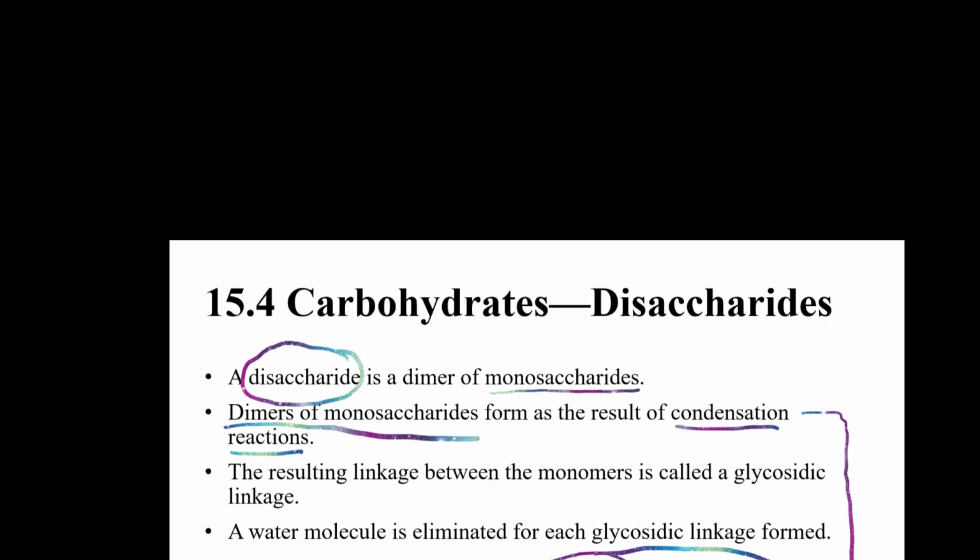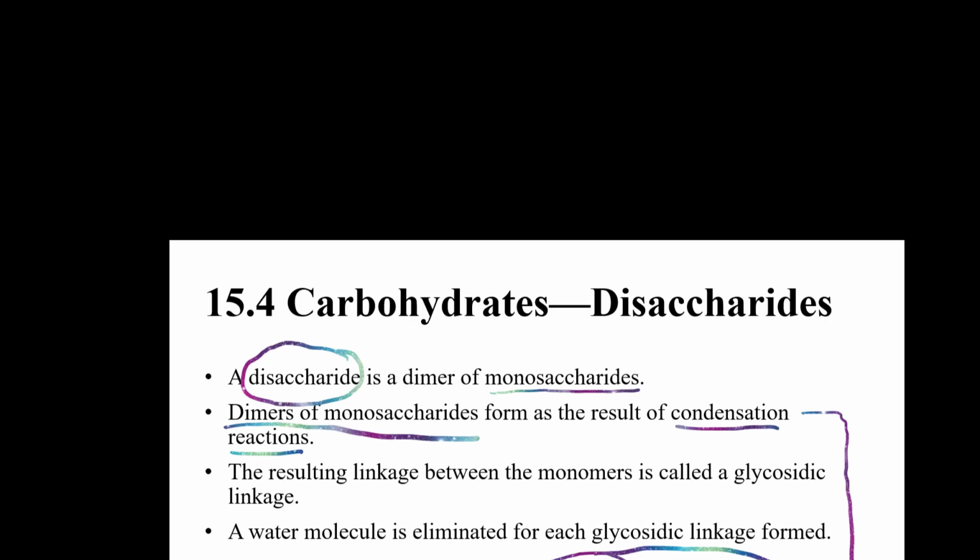But the bottom line is, how do we link monosaccharides together? It is through a condensation reaction where the hydroxy of one monosaccharide combines with the hydrogen of another monosaccharide, forms water, and the two monosaccharides bond together in a dimer of monosaccharides, or what we would say is it forms a disaccharide.